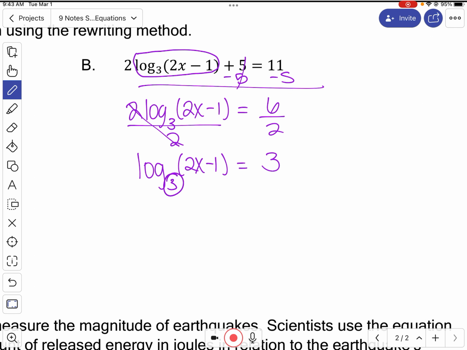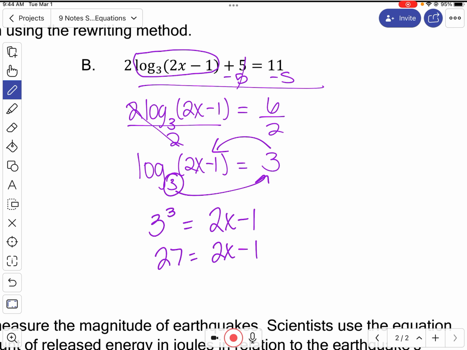Begin with the base, so 3 raised to the third power equals 2x minus 1. Make sure when you cube 3, you don't put 9. It's 3 times 3 times 3, which is 27. Add 1. You get 28 equals 2x. So x will equal 14. Looking here, that's going to make it a positive there. You can also type that into the calculator and check it. Make sure the left side equals 11.